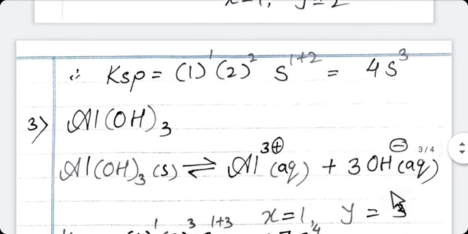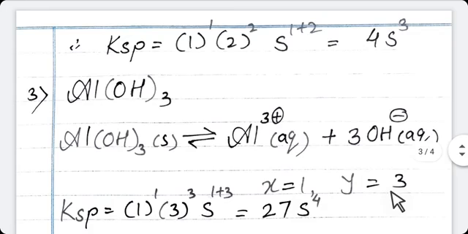Similarly, when we take another example, aluminum hydroxide, which is again in solid form, reversible, to produce aluminum 3 plus aqueous plus 3 OH minus aqueous. Here X is equal to 1 because the quantity of aluminum is 1, and Y is 3 because OH minus is 3.